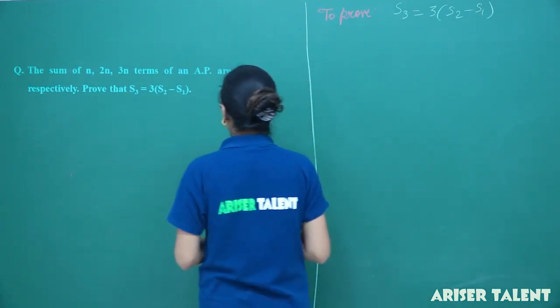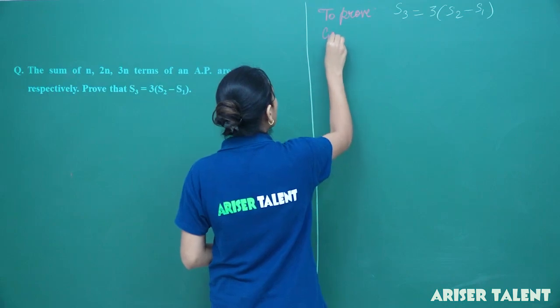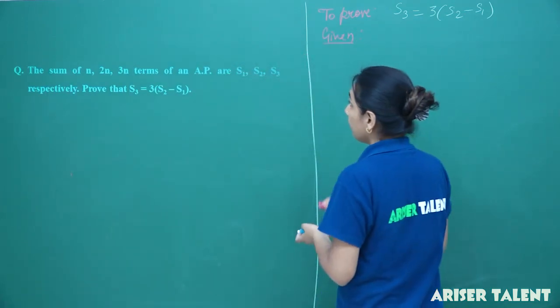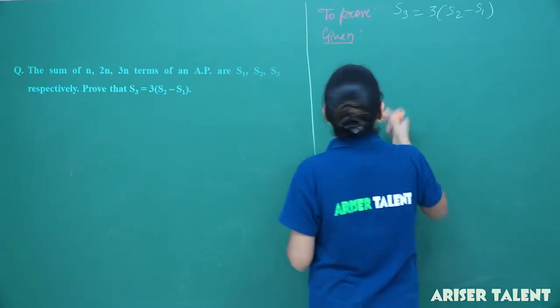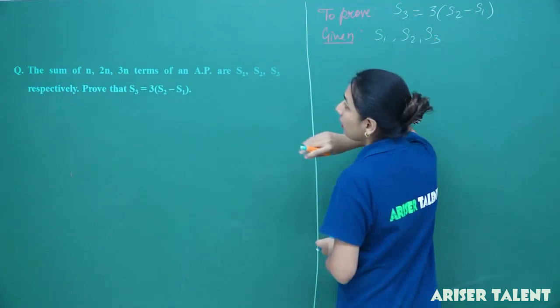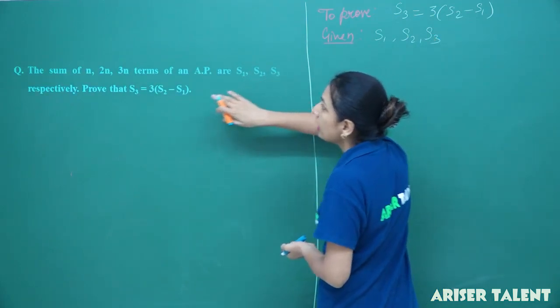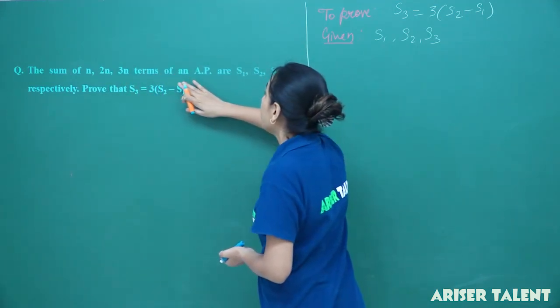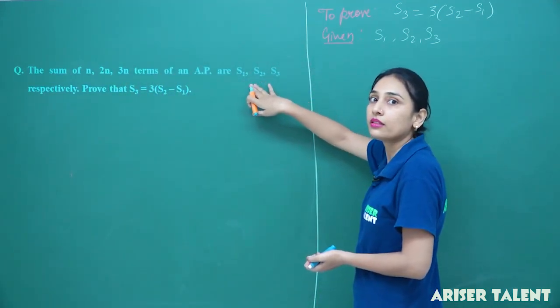Okay. Now we have some things given so that we can prove. We have S1, S2 and S3 given. What are S1, S2 and S3? The sum of n, 2n and 3n terms of an AP are S1, S2 and S3.